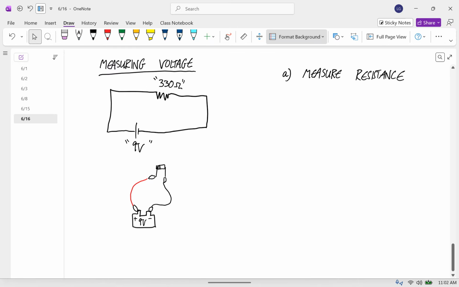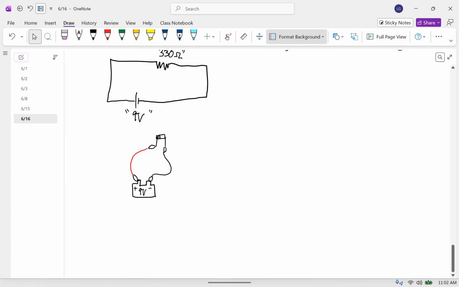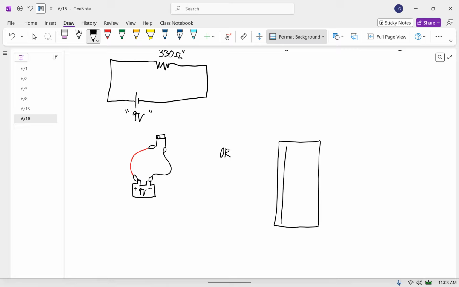The way that's more useful for what we're going to have to do soon is if you have your breadboard, and let's say this is your positive power rail, I'll do that in red, and this is your negative power rail. And these rows are all connected.